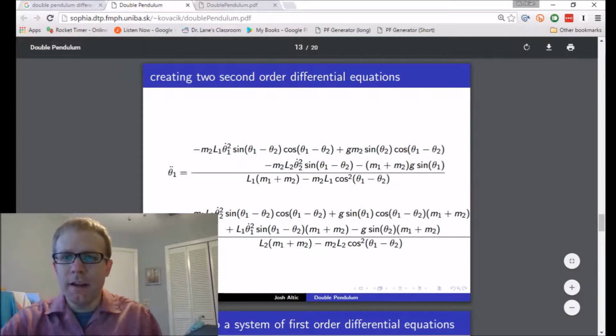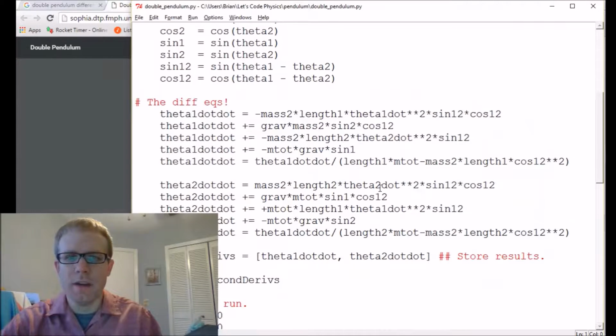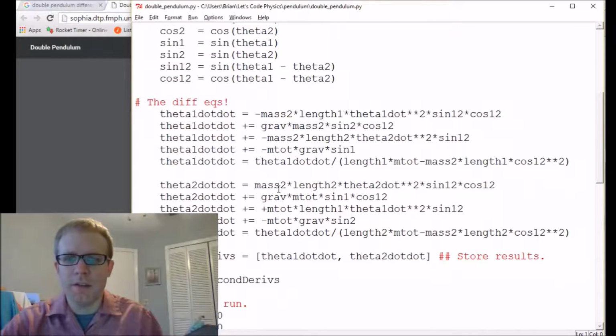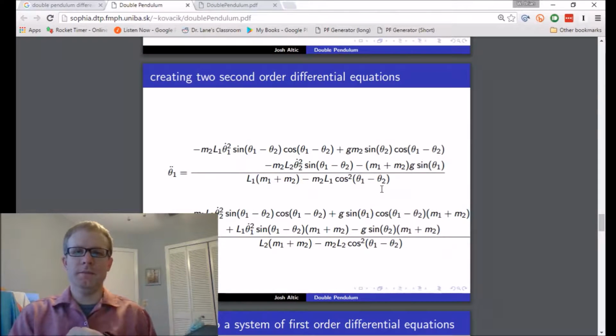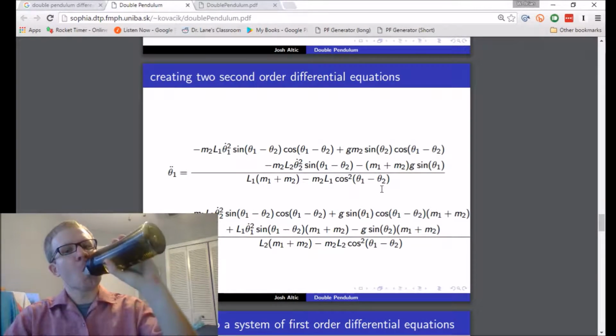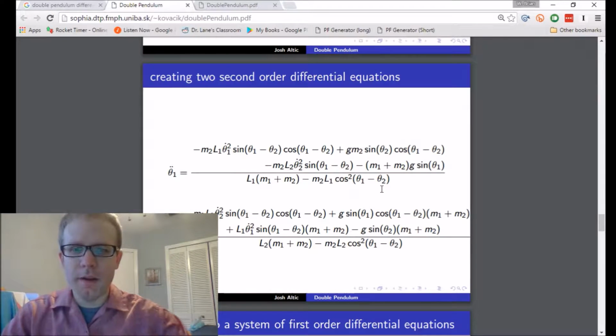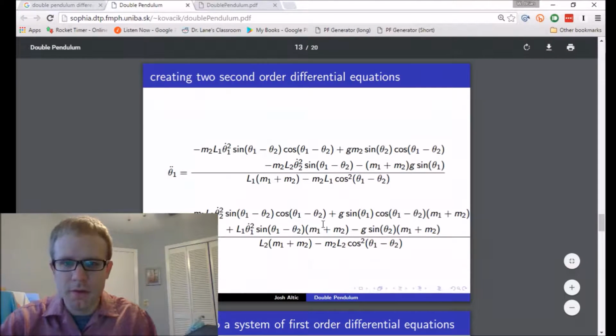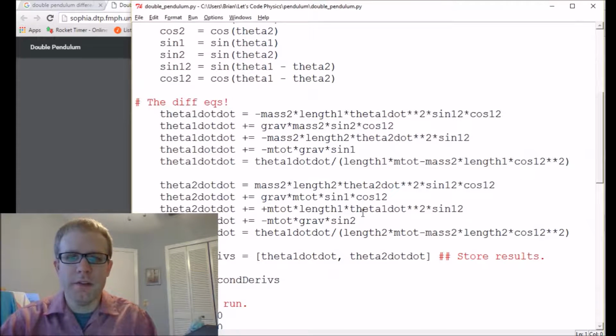Here I've got an M2 L2 theta dot 2 squared sine 12 cosine 12, plus grav M tot sine 1 cosine 12, plus L1 M tot theta dot 1 squared sine 12, minus grav sine 2 M tot.